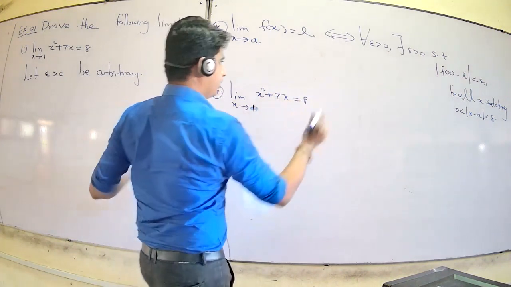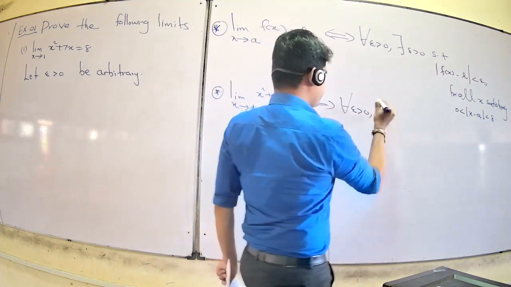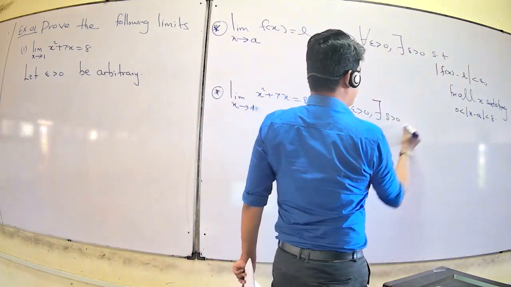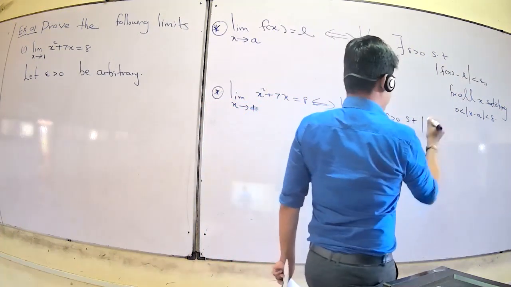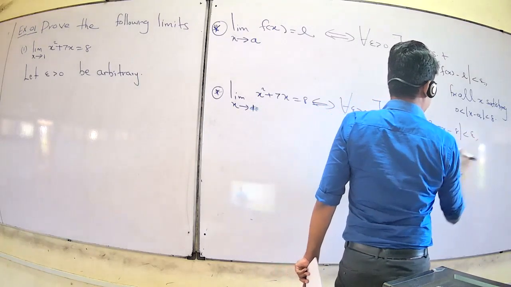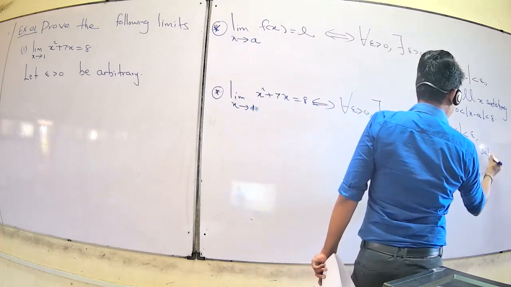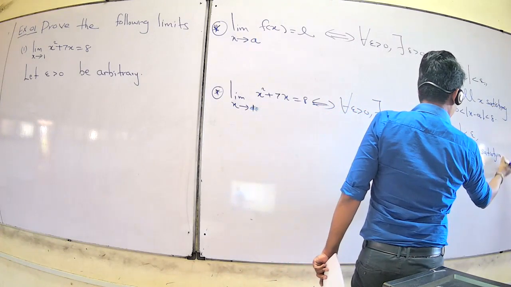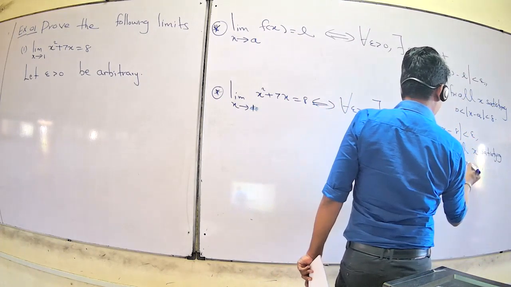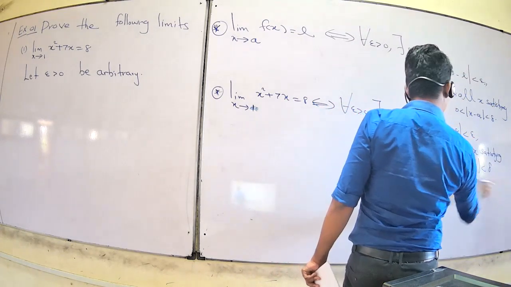Roughly, as x tends to 1, f of x, x squared plus 7x, tends to 8 if and only if for all epsilon greater than 0 there exists delta greater than 0, such that modulus of x squared plus 7x minus 8 is less than epsilon for all x satisfying 0 less than modulus of x minus 1 less than delta, right?